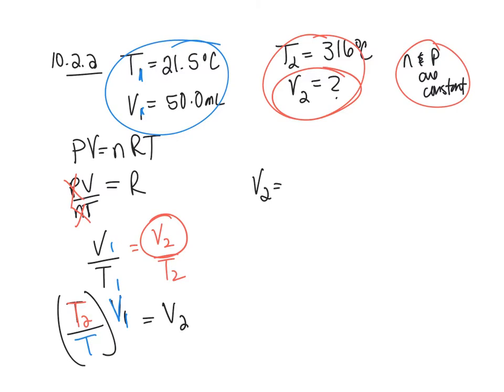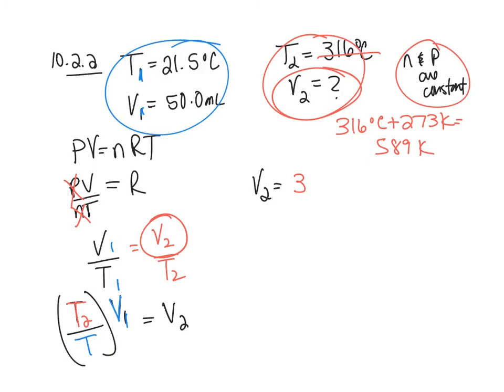V2 equals T2, which is 300. Ooh, I can't do that. I've got to convert that to Kelvin. That does matter. So what's 316 degrees Celsius plus 273 Kelvin? That is 589 Kelvin.